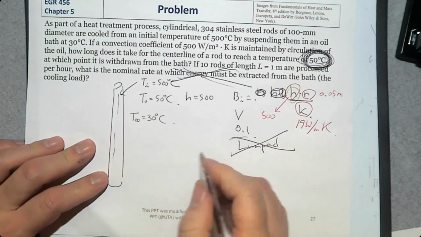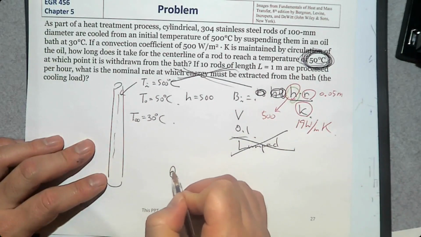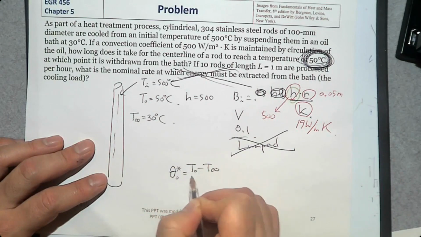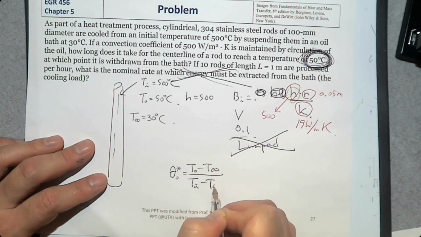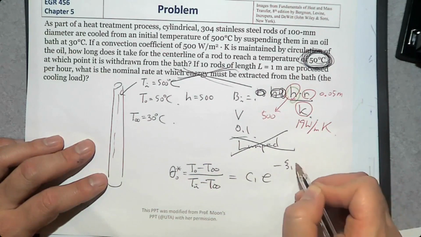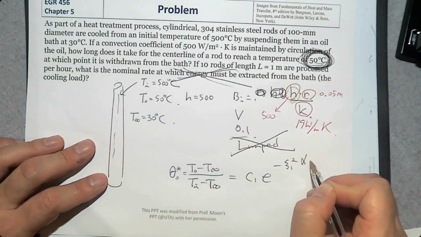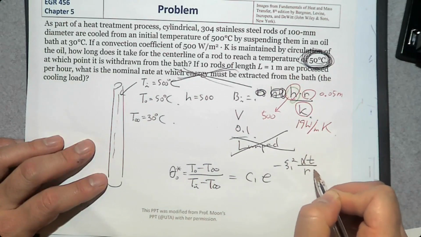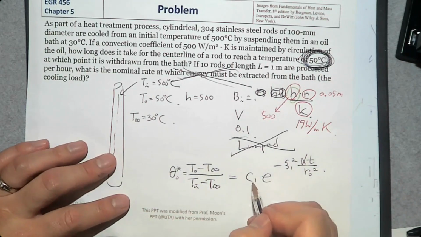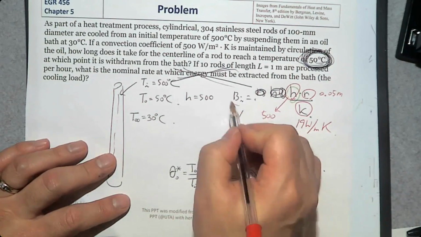Unfortunately, no. So what is our solution? Theta 0 star, which is (T0 minus T infinity) over (Ti minus T infinity), can be determined by C1 e to the minus zeta 1 squared times the Fourier number. Fourier number is alpha t over characteristic length squared. From this equation, we can get C1 and zeta 1 from the Biot number.